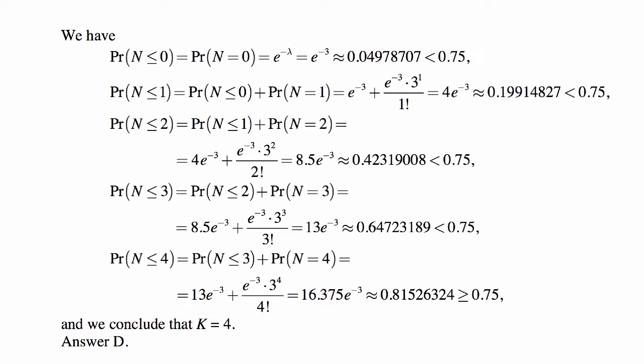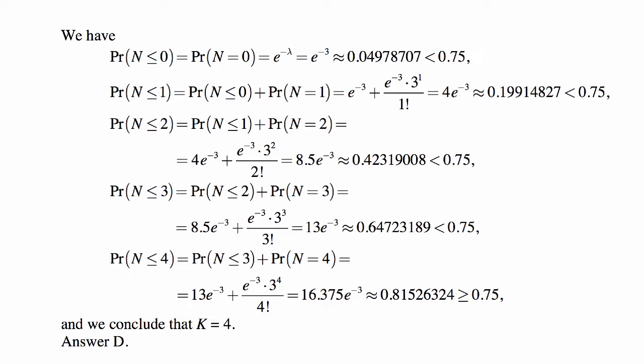Because remember, the probability that a Poisson random variable is equal to a specific number, little n, is e to the minus lambda times lambda to the n over n factorial. Again, you have to remember that for the test. There's absolutely no question about it. So in this case, it's 4 times the first value that we calculated. It's about 0.2. It's definitely less than 0.75.